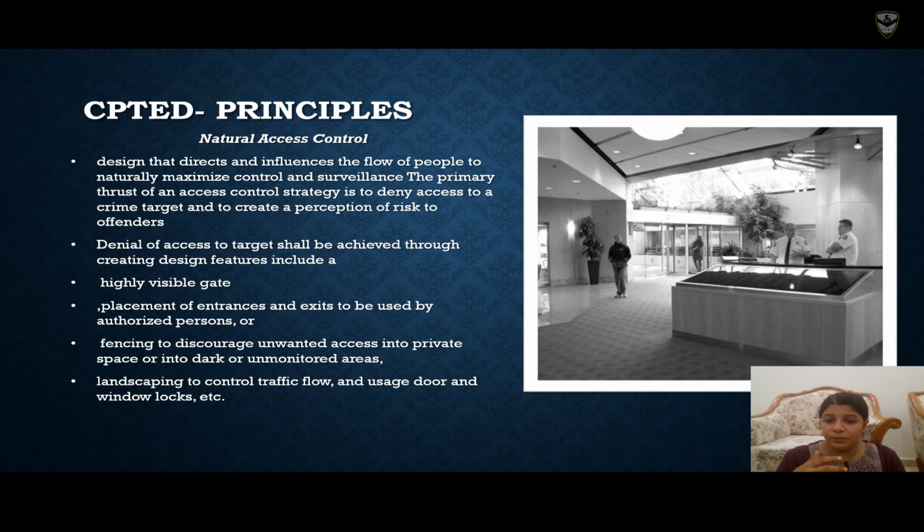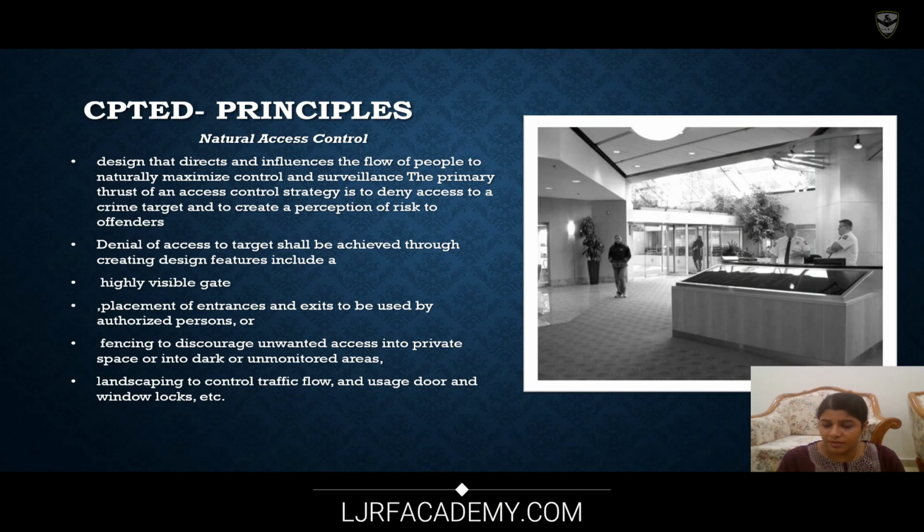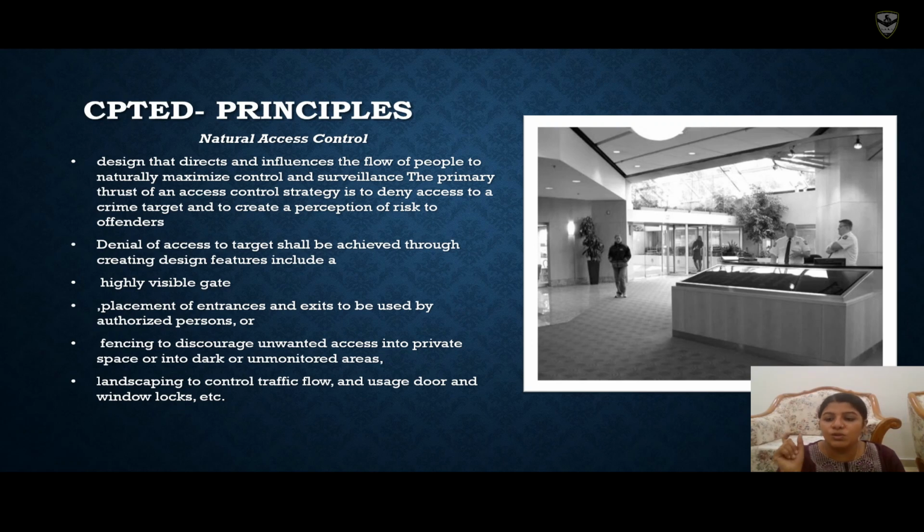Say, for example, when we go to an IT company or a bank, or to our office, our ID card is very important because we are authorized persons to use that particular room or building. By providing such things, the reduction of crime can be very well maintained.